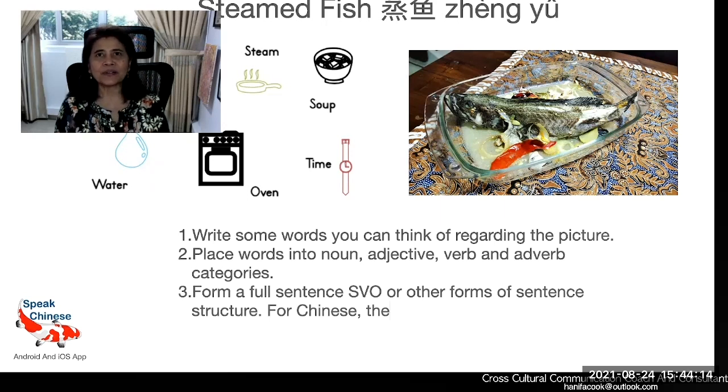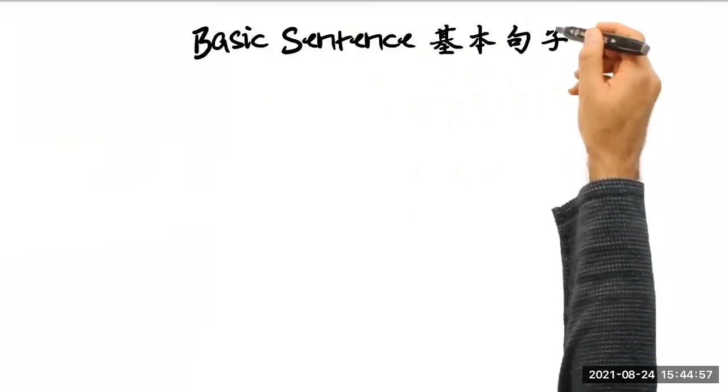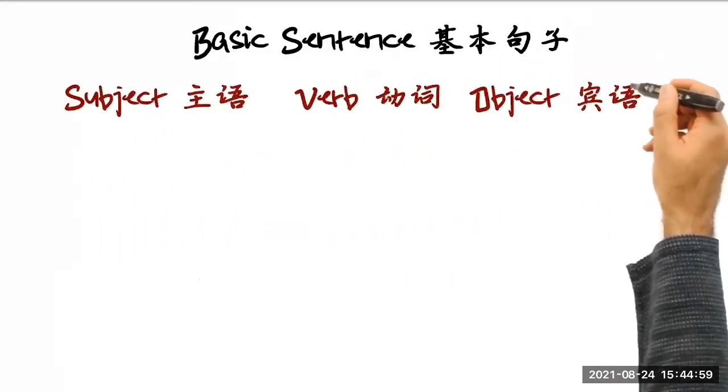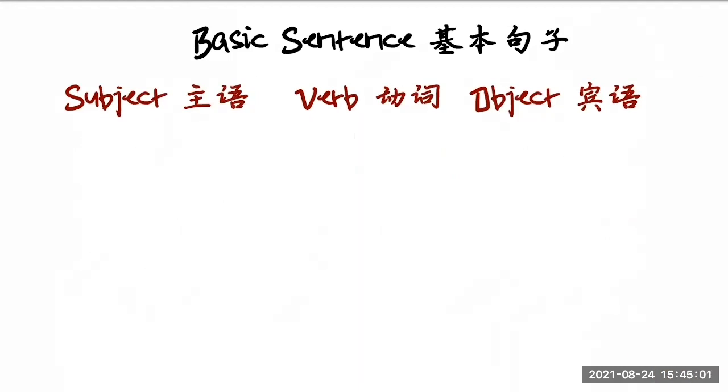If you are finding it difficult to form a sentence, that's okay. Today I will show you a very simple method. It's called SVO, subject, verb, object, on how you can use these words and form a Chinese sentence. Let's go. So in a basic sentence, you will see three things: subject, verb, object.